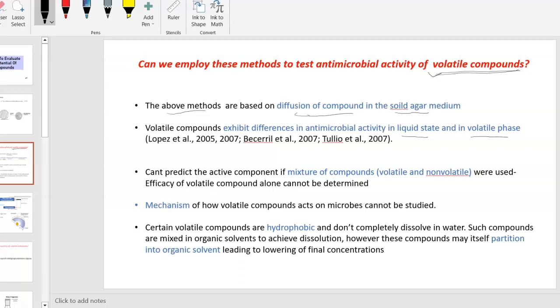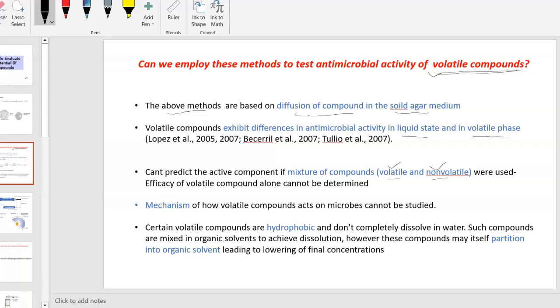With the above methods described in the previous slides, you can't predict the active component which is actually showing the antimicrobial activity whenever you are taking a mixture of compounds. That means if your solution has both volatile and non-volatile components, you can't predict whether the volatile compound is active against microbes, or whether it is the non-volatile compound present in the mixture that is responsible for the actual antimicrobial activity.